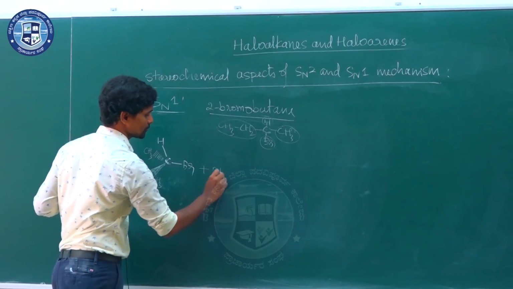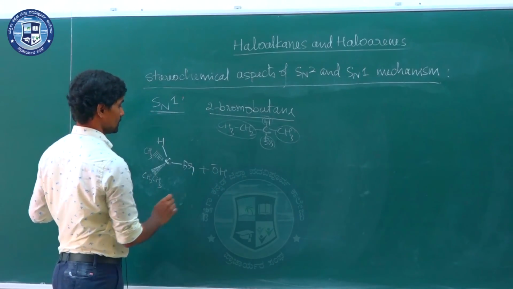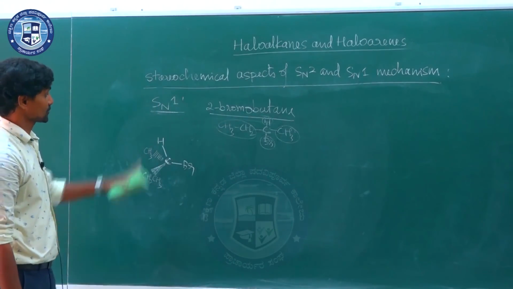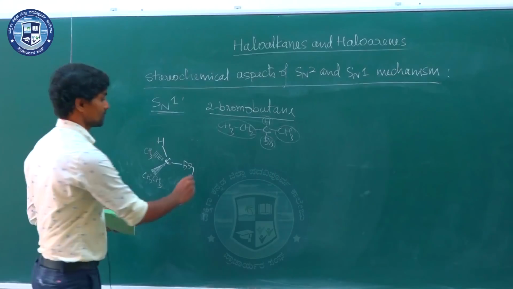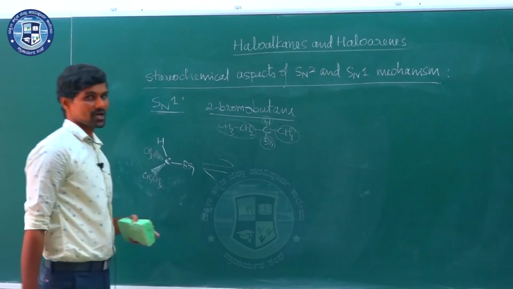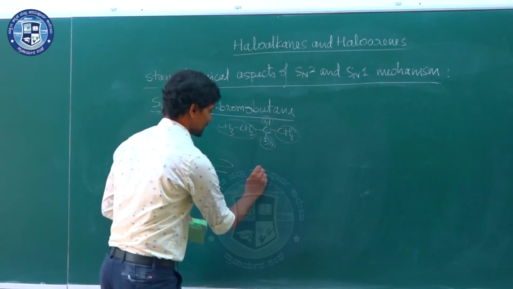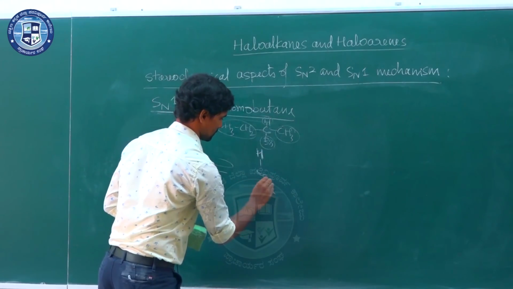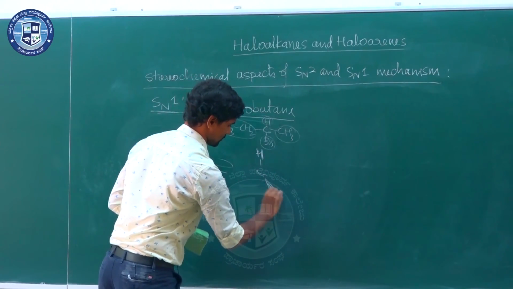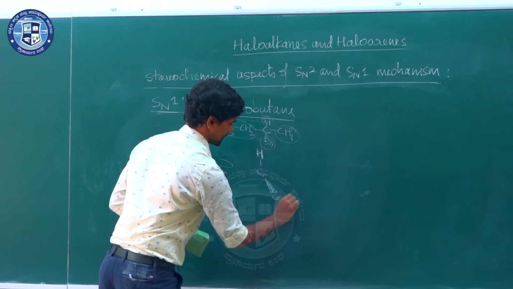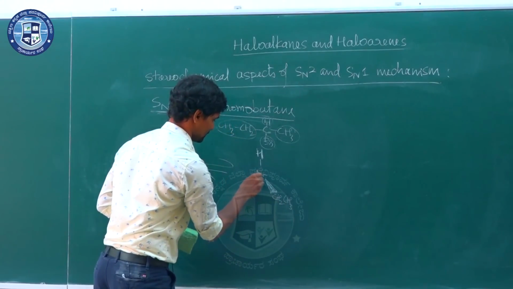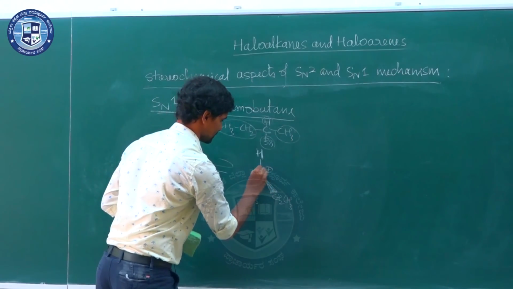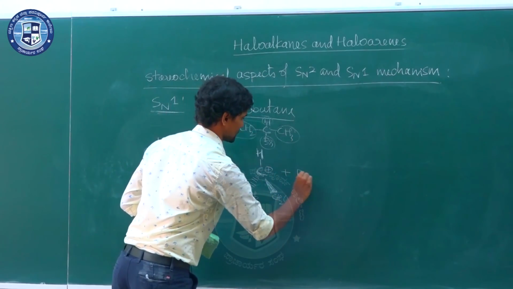Now if this undergoes a nucleophilic substitution reaction, when this molecule undergoes nucleophilic substitution reaction according to the SN1 mechanism, you know that in the first step formation of a carbocation takes place, and that carbocation will be like this, H, CH2 CH3 and CH3 here, and with positive charge here, plus Br minus.